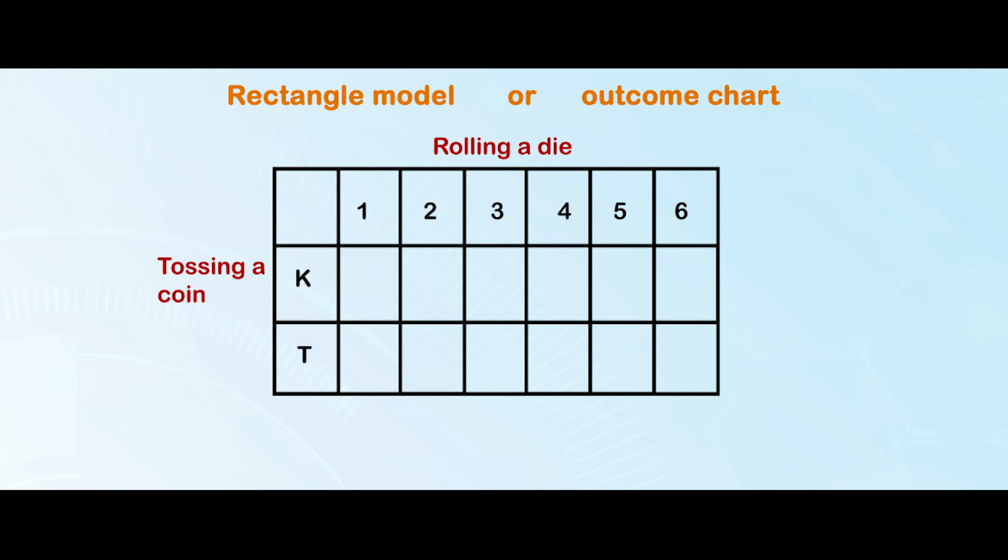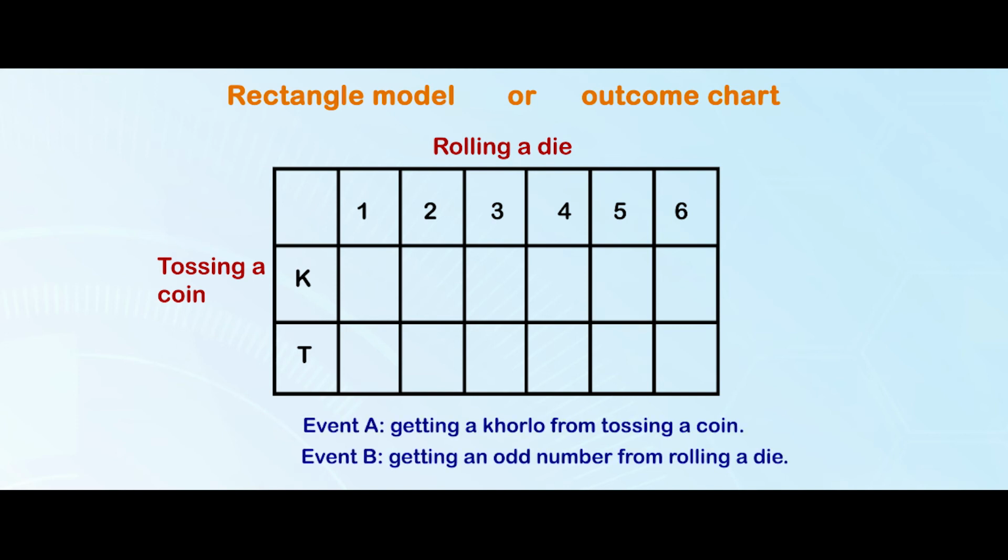To find out the theoretical probability, let us use the same event that we have used for the tree diagram. The events are getting a kholo from tossing a coin and getting an odd number from rolling a die.